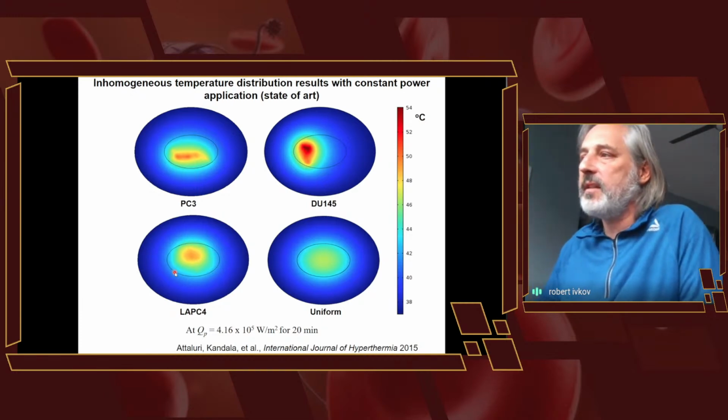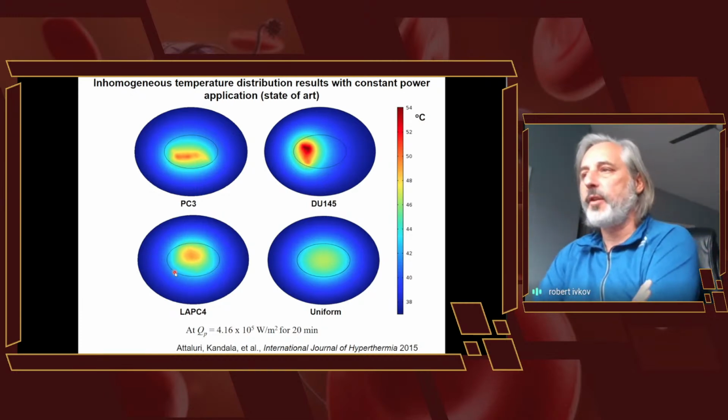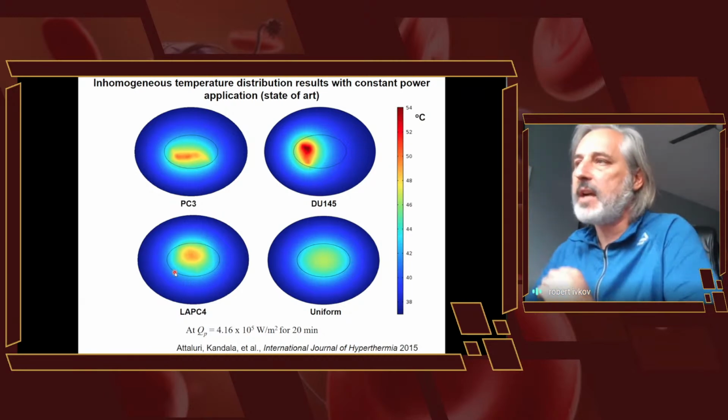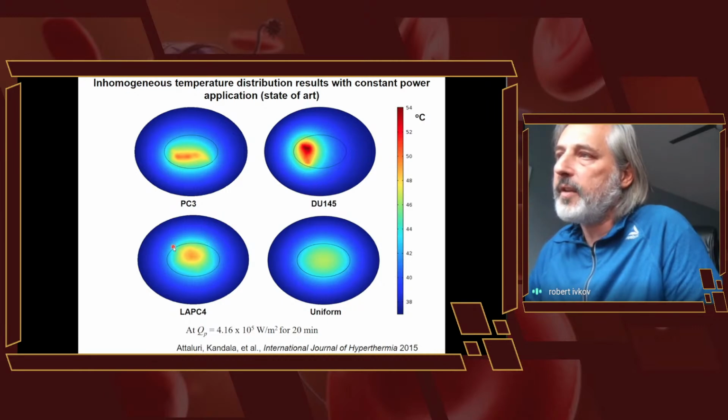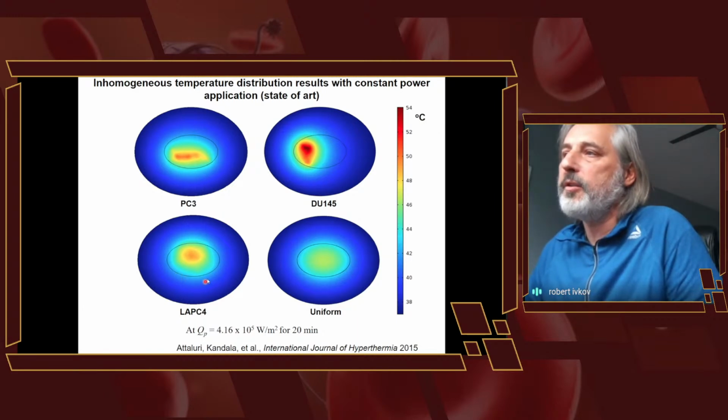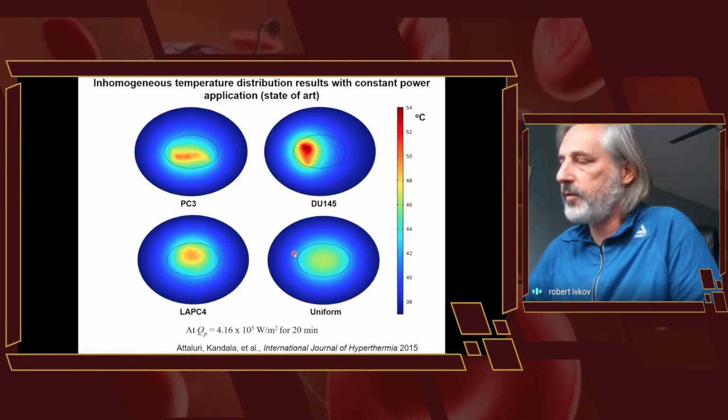One of the things we also noticed, which is equally important, was that at the tumor tissue boundary, we could limit the damage to the normal tissue better than we could in the case of the uniform distribution.